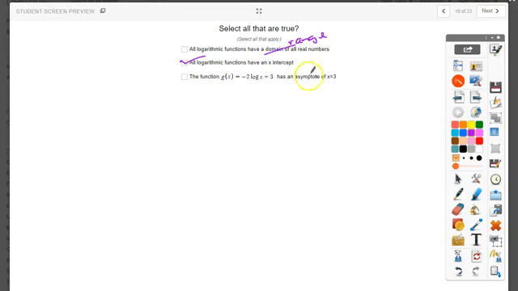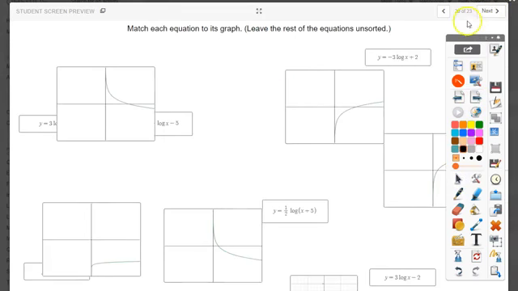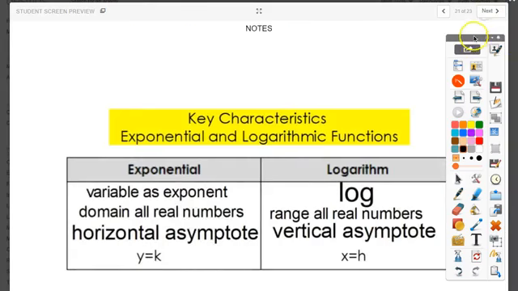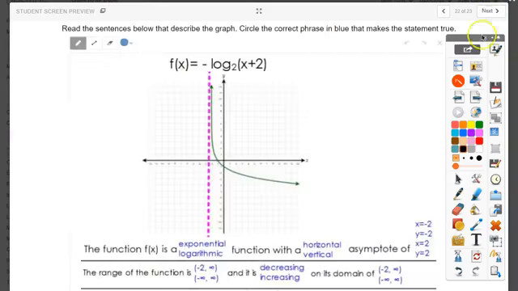The last one is, the asymptote is x equals 3. Well, the asymptote for a log function is x equals h, and h is in the parentheses. There are no parentheses here, so the asymptote should be x equals 0. This is a matching activity, so you can go ahead and match those. These are notes that can be found in the red notebook.